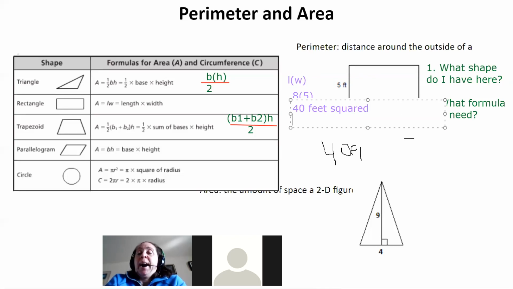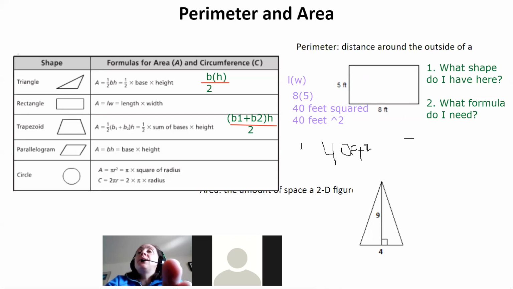Yeah, we have to square those feet. Very good. Another way to show that you're squaring something is to use the little caret symbol above the 6 there. So very good. 40 feet squared.